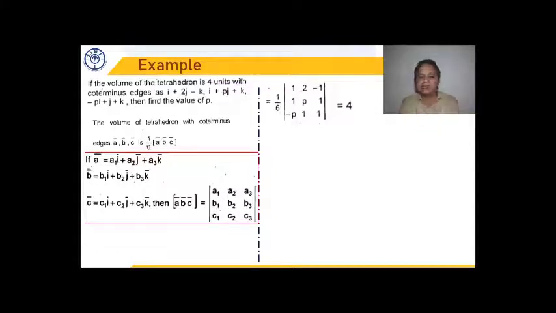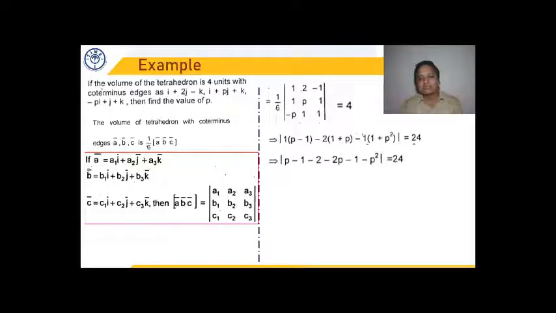When we expand this determinant, it will give us a quadratic equation in P. Let's see. So 6 goes to the right hand side, multiplied by 4 becomes 24. Here we have 1 into p minus 1, minus 2 into 1 plus p, minus 1 into 1 plus p square. And then we put a modulus sign, equal to 24. So we solve further.